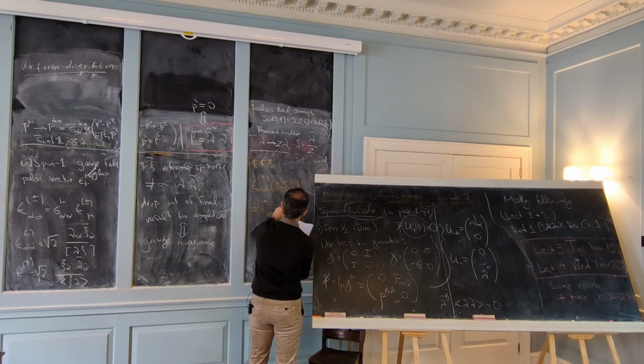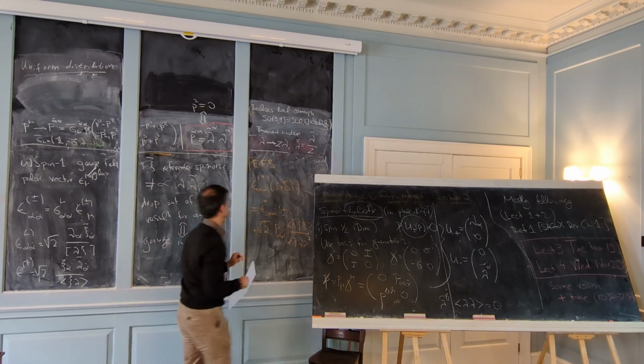Then this will be equal to 2p alpha alpha dot delta xi times xi divided by xi lambda squared.